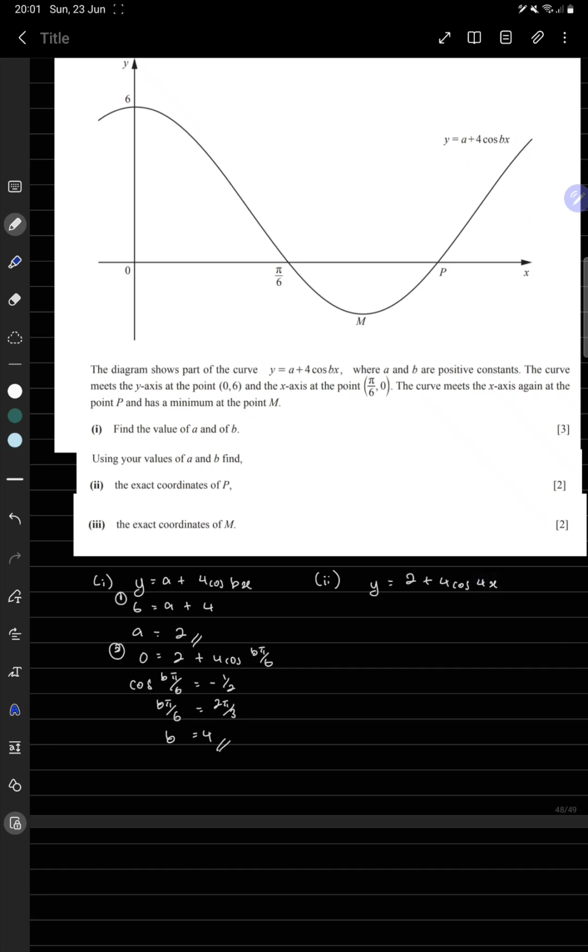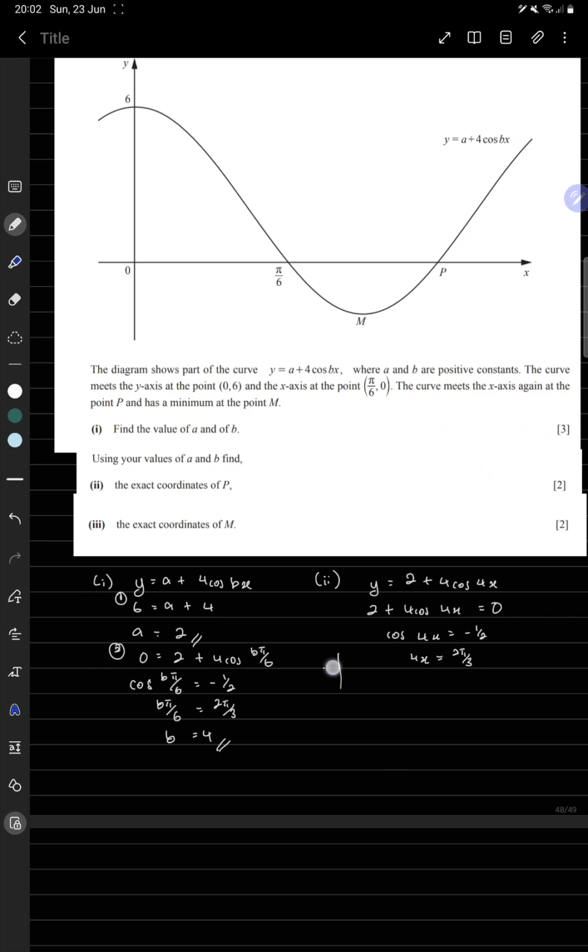When y equals 0, you'll have 2 plus 4 cos 4x equals 0, and we're going to have cos 4x equals negative half. So then we have 4x equals 2 pi over 3, from the previous part that we found.